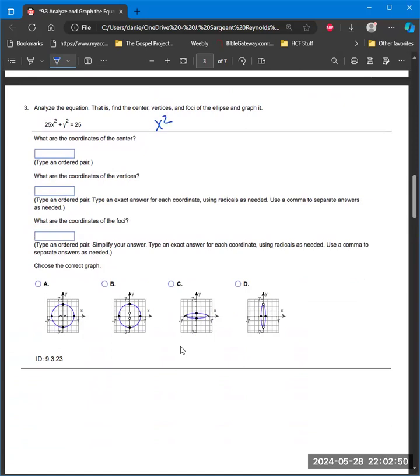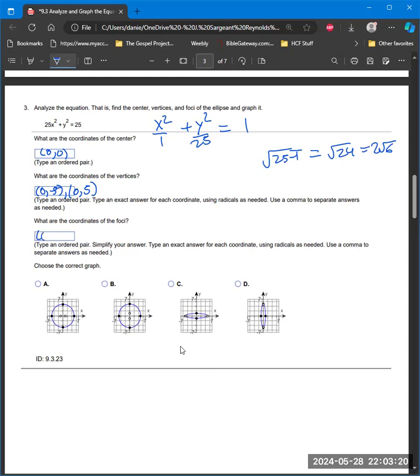So we're going to have x squared over 1 plus y squared over 25 is equal to 1. So we're going to have center at 0, 0. Major axis is in the y direction. So we have 0, -5, comma 0, 5. 25 minus 1 is 24 again, which is 2 root 6.